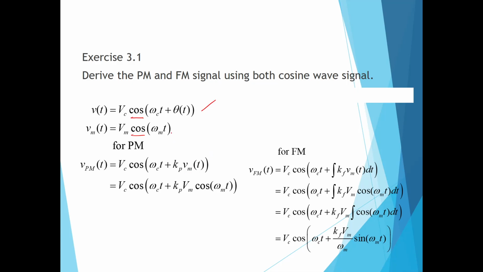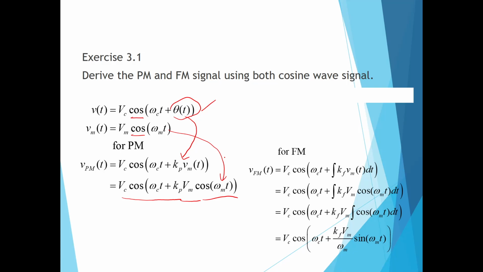Remember, from the general equation we can define the PM equation. The PM equation is very simple. You just need to change theta t with Kp Vmt, so it becomes Vc cos omega ct plus Kp Vm cos omega mt.